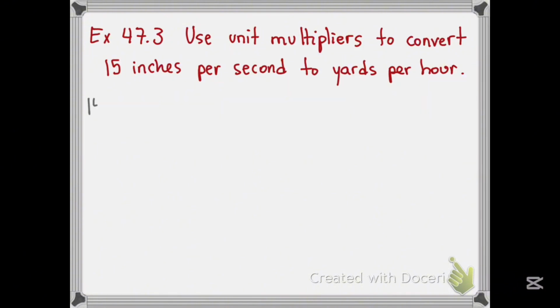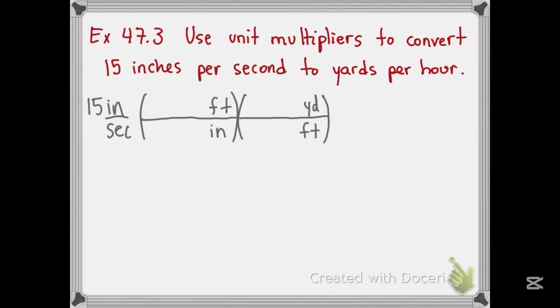And here we have 15 inches per second to yards per hour. So we're going to, again, open the parentheses. Inches goes on the bottom. And then we want to go to yards, so we have to go through feet and then feet to yards. Again, to know which conversions you're using, you need to have memorized these.